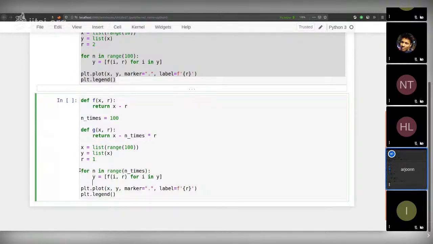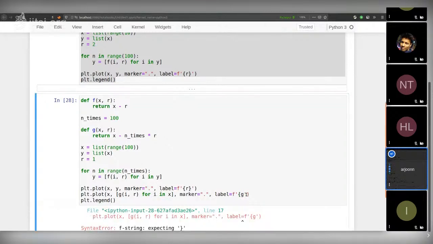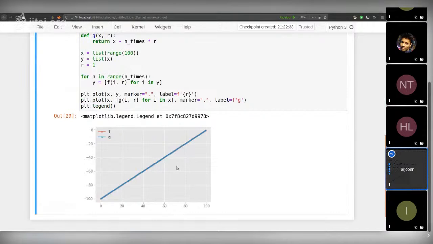And then you also get, so let's say, g of i for i in x, and this is the g function. So you see these two are actually identical.